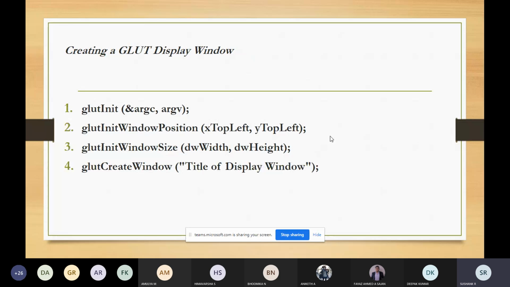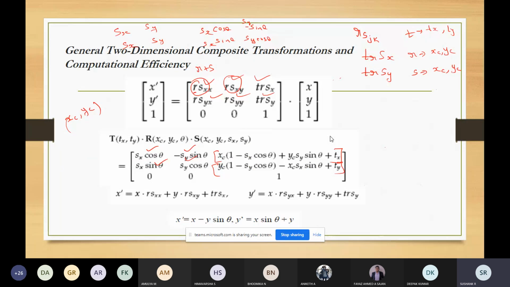The equations we saw were xr into 1 minus cos theta plus yr into sin theta, and the second equation was yr into 1 minus cos theta minus xr sin theta.